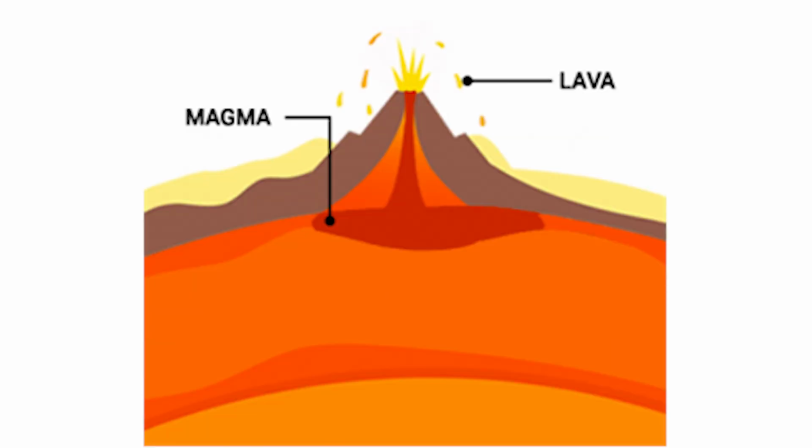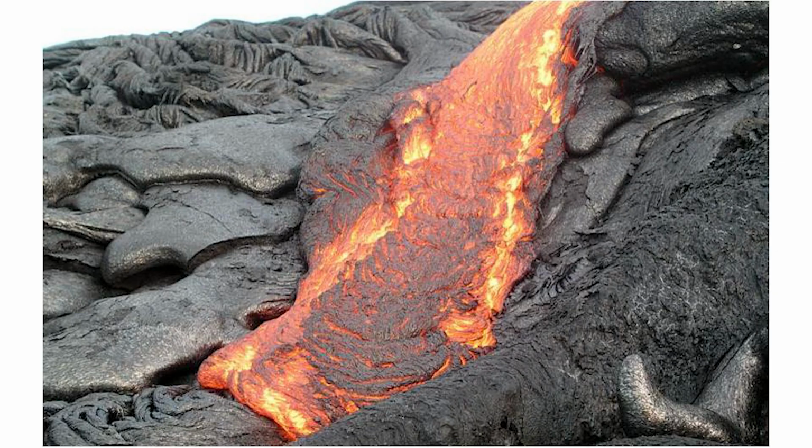Now here on your screens you can see the difference between magma and lava. You see, beneath the surface of the earth there is a pool, and magma is pooled beneath the surface of the earth, whereas lava is flowing on the surface of the earth.